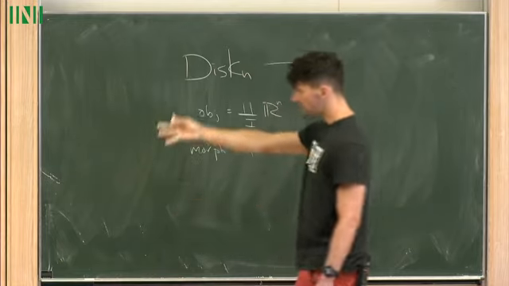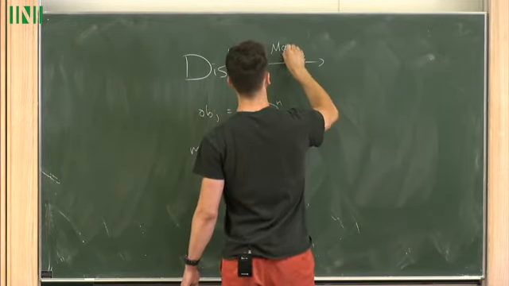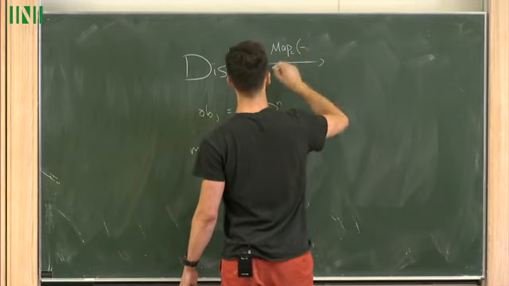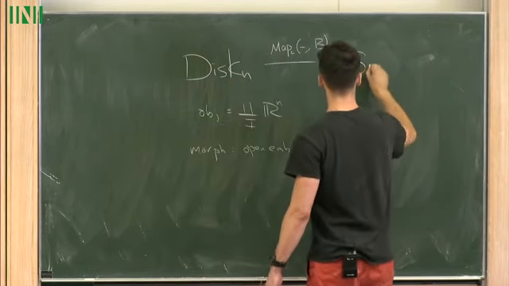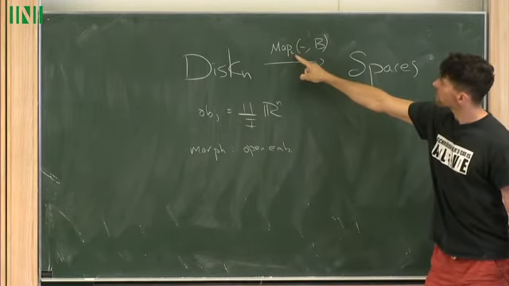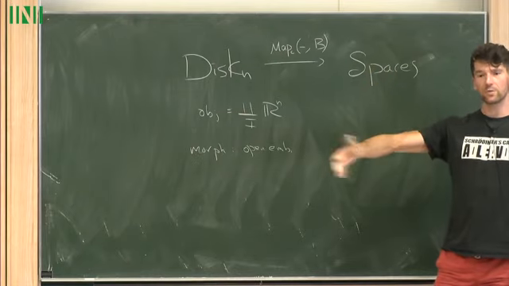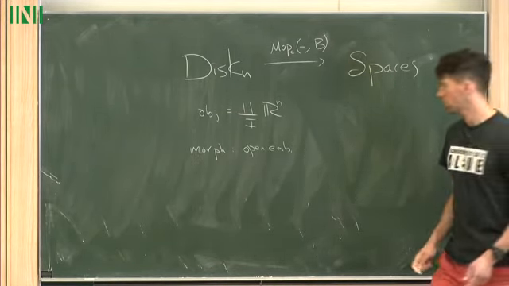The n-fold loop space of something is an n-disk algebra, which means we can consider a functor of compactly supported maps to B, mapping to spaces. The little c indicates those maps that outside of a compact subset send everything to the base point.